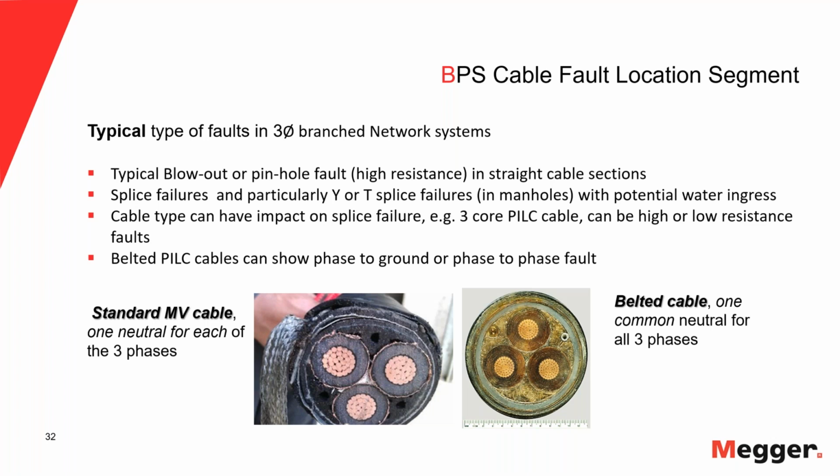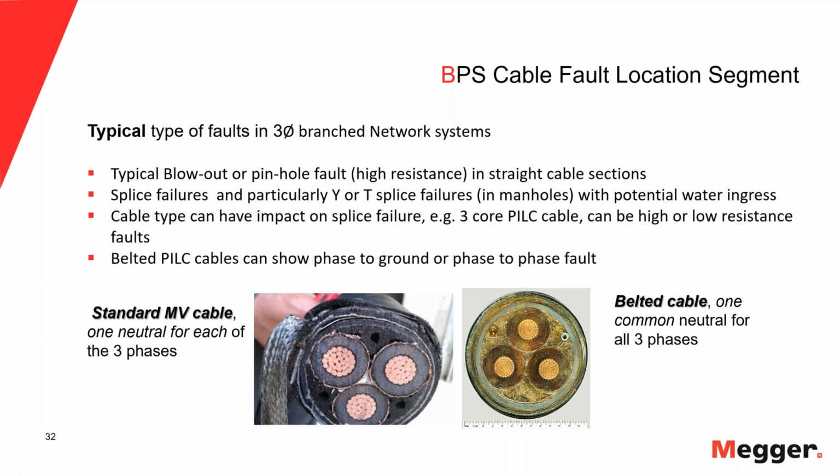And typically in these manholes, you have a lot of water, it's not a very pleasant environment to work in. And the cable itself, the cable type, whether it's paper or solid dielectric, can also have an impact on the fault and how to find it.